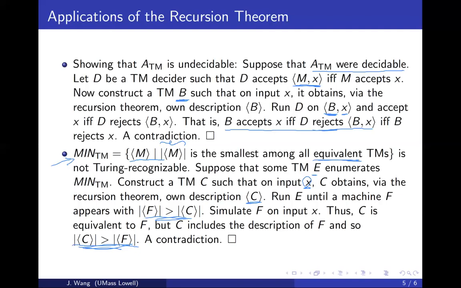Then there will be another Turing machine that's equivalent to C, one that is equivalent but whose description size is greater than the size of the description of C. So C computes F, and of course F and C are equivalent. Then we cannot tell at this time which one is the smallest.